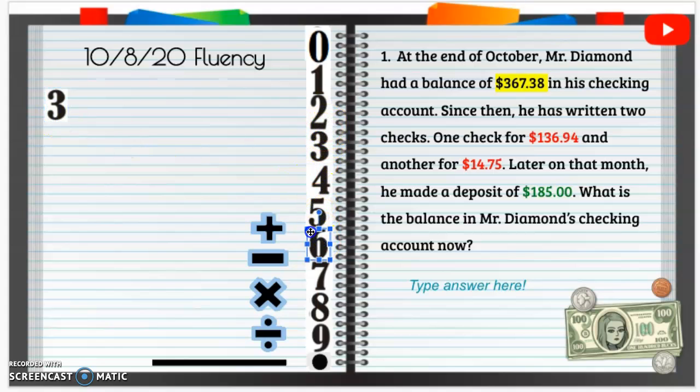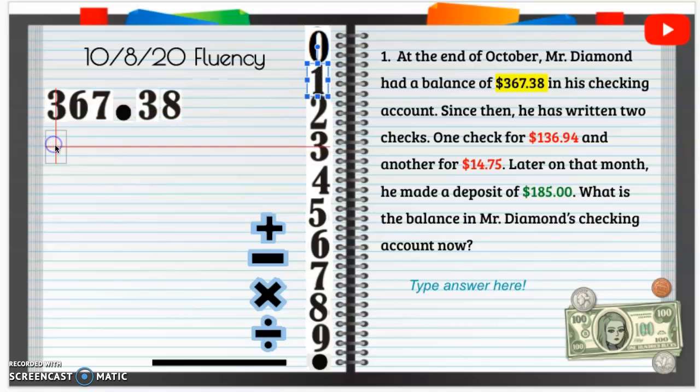367 and 38 cents. Now, what do we do when we add or subtract decimals? Line them up. We are subtracting, since he wrote a check, so he has to pay $136. So we line up those decimals, remember.